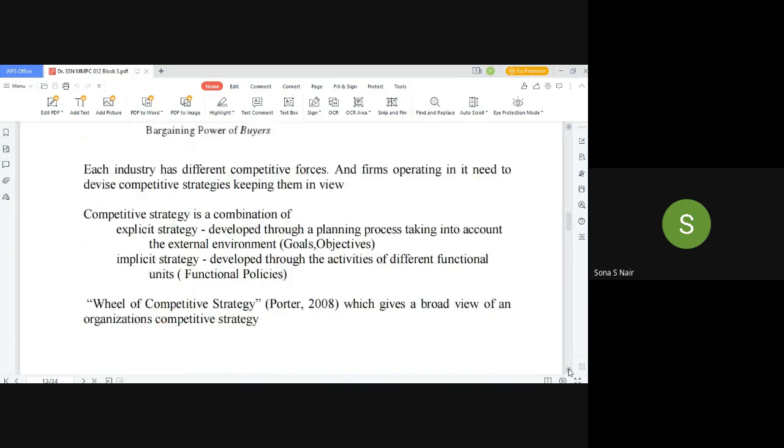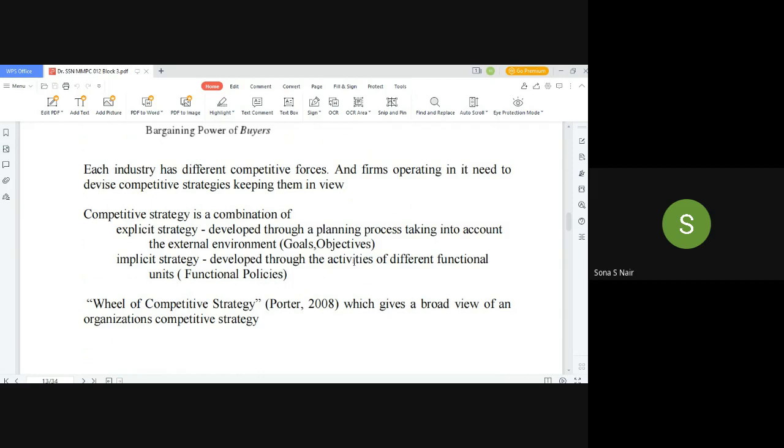And competitive strategy is a combination of what goals and objectives the organization has, and how these goals and objectives will be translated into the functional policies on the basis of the environmental factors.